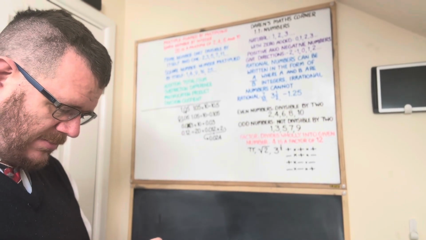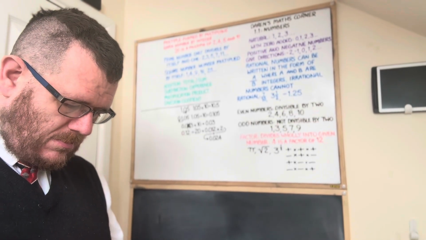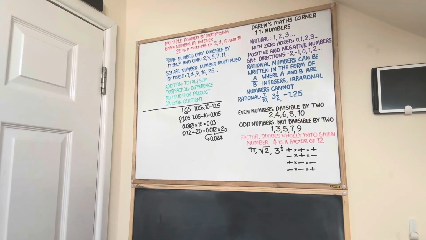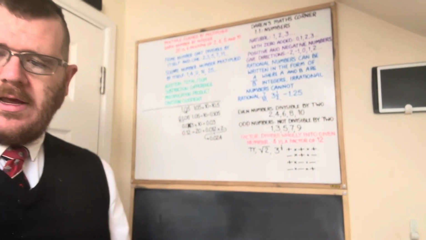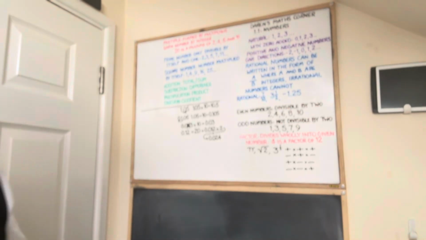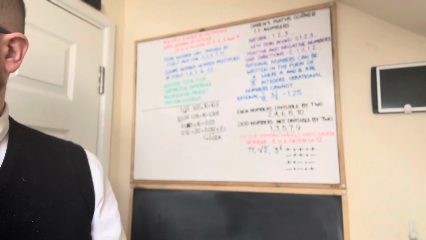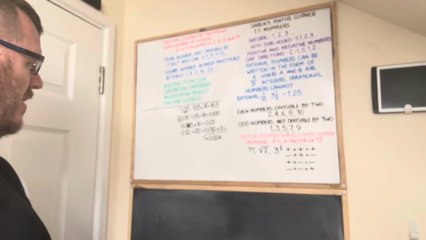Which is interesting. And then, let me double check that. I need to double check that. Because that might be 0.036.